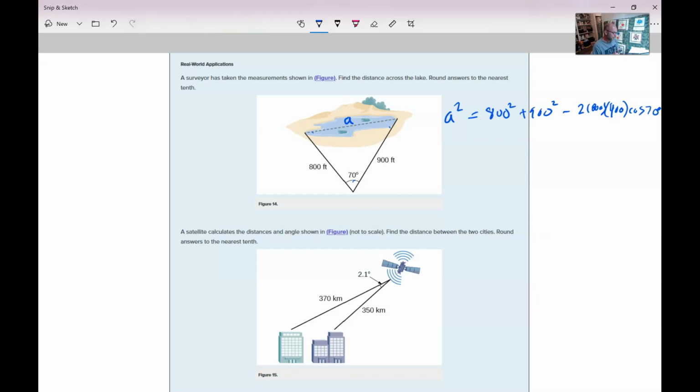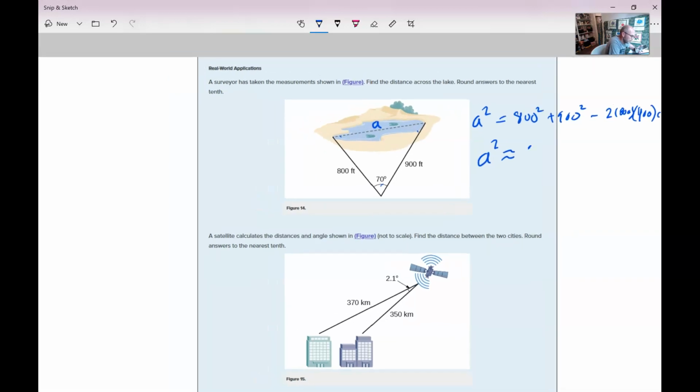Okay, so I'm going to throw all that in my calculator. 800 squared plus 900 squared minus 2 times 800 times 900 times cosine of 70 degrees. And I get A squared is approximately equal to 957,490.99, so I round off to 491.